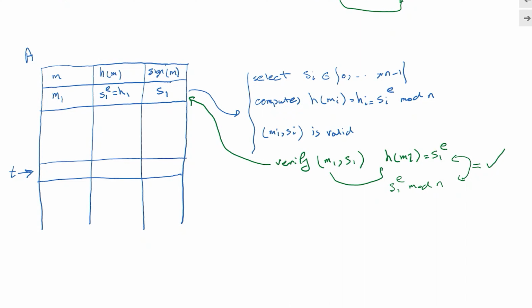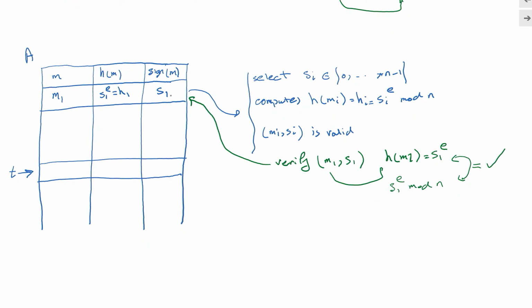Then he asks for the signature, and we also know how to sign it. The only difference is that every time he asks for a hash of some message, we also pre-compute the signature at the same time.